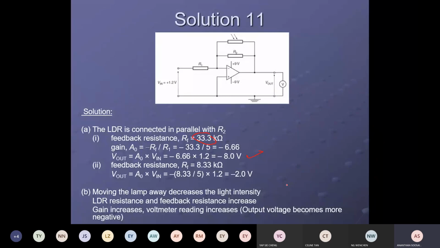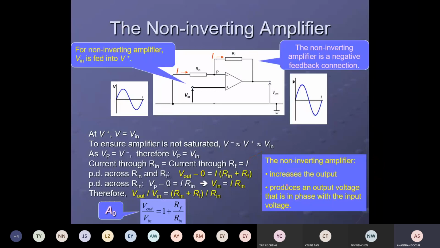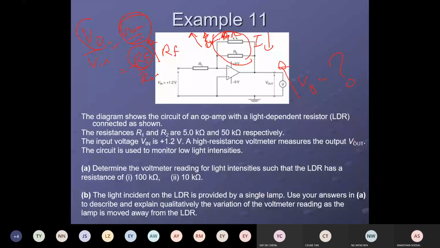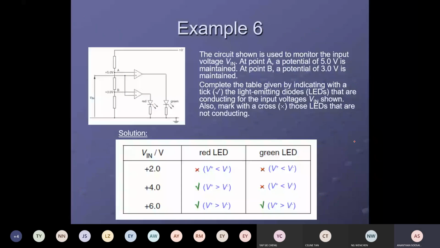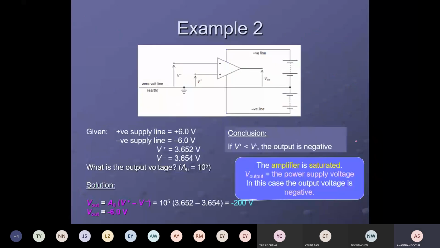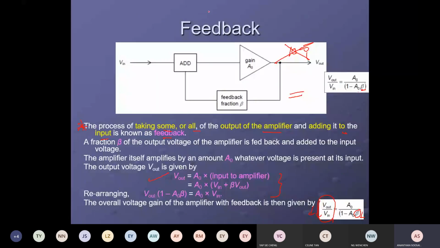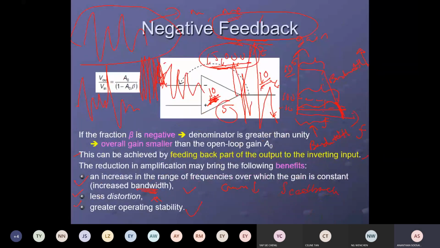Okay, class. So that's today's lesson. Today you learned about the comparator, how to fix the sensors so that the alarm works properly. And we talked about why it is necessary to use feedback: to drop the gain, therefore to have these 3 benefits: bandwidth increases, less distortion, and more stable output.